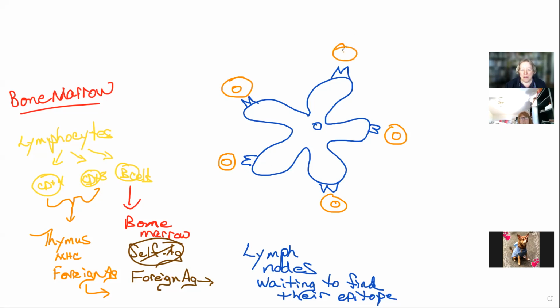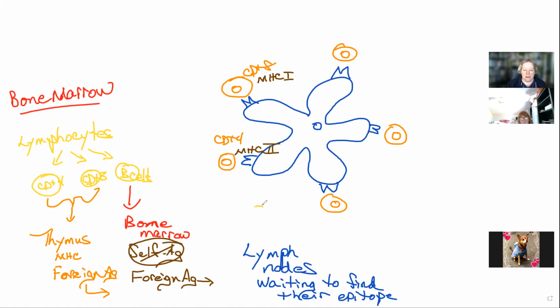Okay. And so my CD+8s are checking out MHC1. Okay. My cells that are CD+4s are checking out the antigens that are displayed on MHC2. Okay.